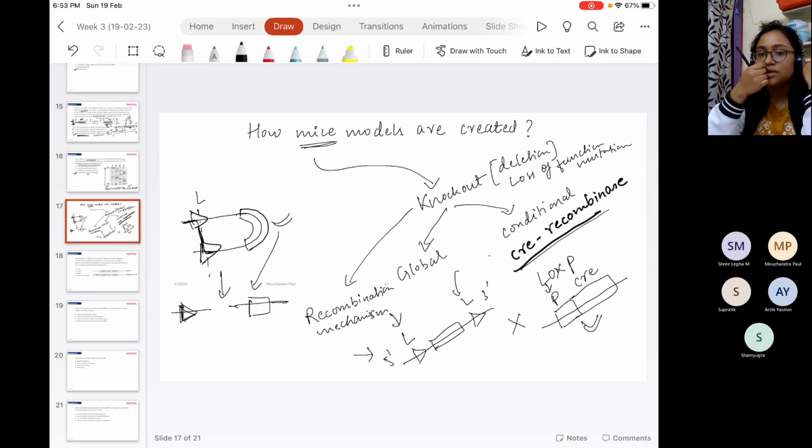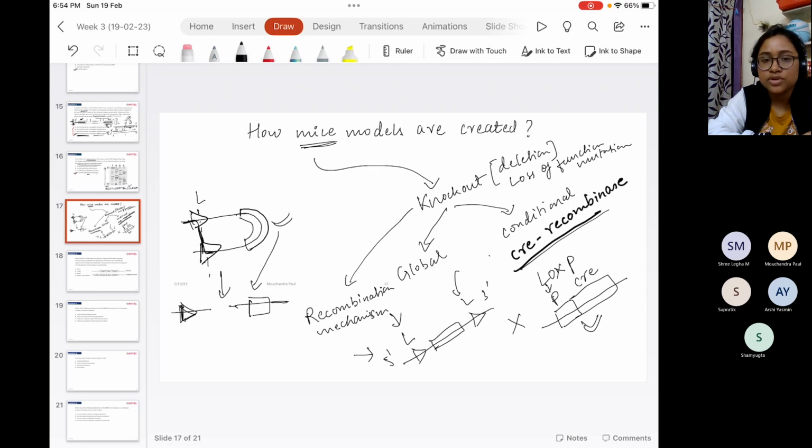If you wait for the next generation, the success of getting a conditional knockout increases, and these experiments don't happen in a few months. It can take years. So you have to choose the option that is going to give the positive result at the end of say 3 or 4 years. That's why people prefer to choose two parents and add separate genes in each, because people have seen it working.